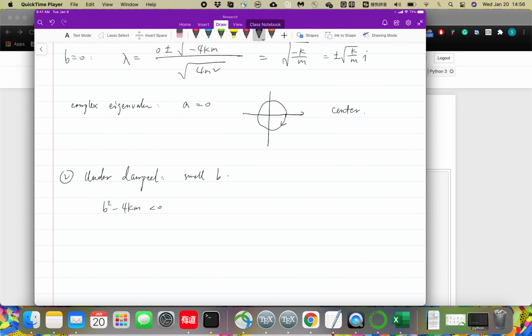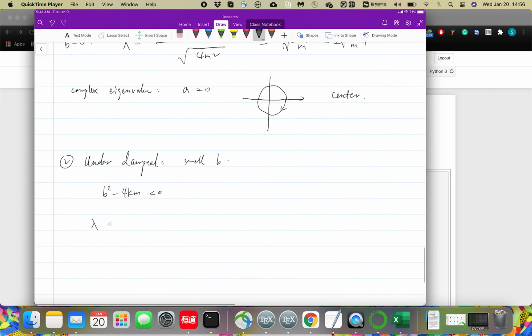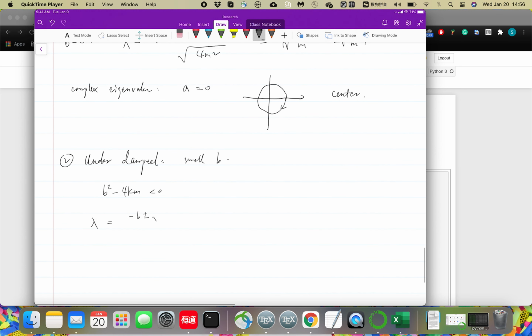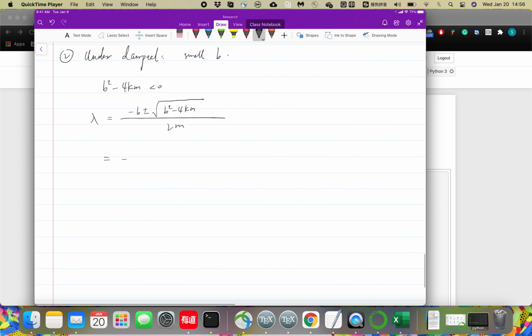So this is still, b squared is not bigger than 4km. In this case, what you will have is lambda is going to be this. Is going to be negative b over 2m plus or minus something with an I. Okay, so you still have two complex.